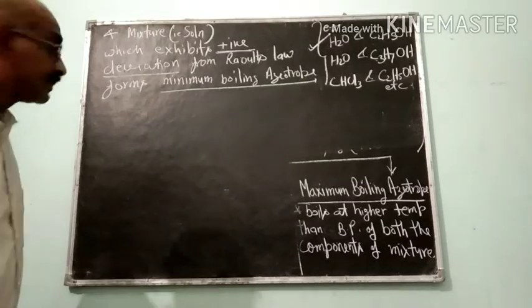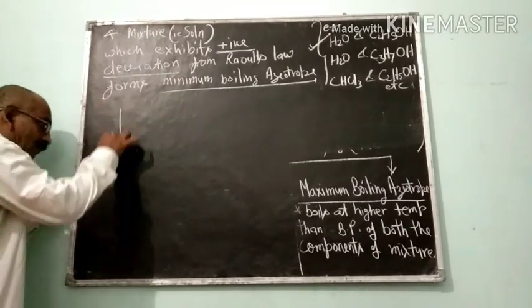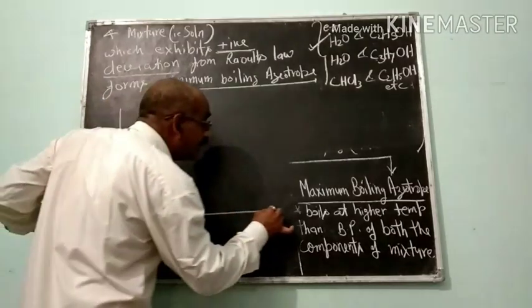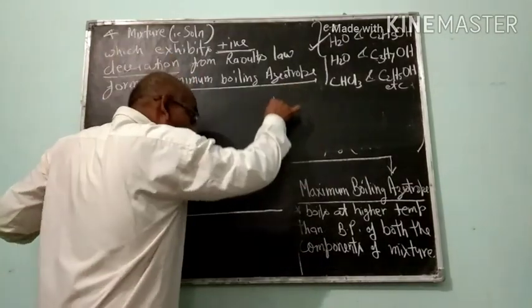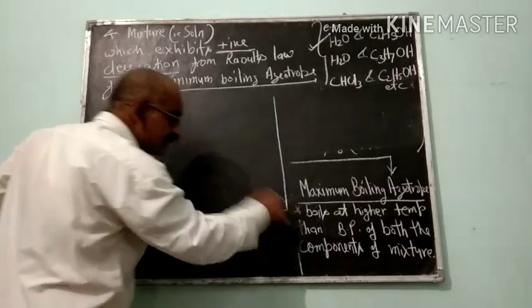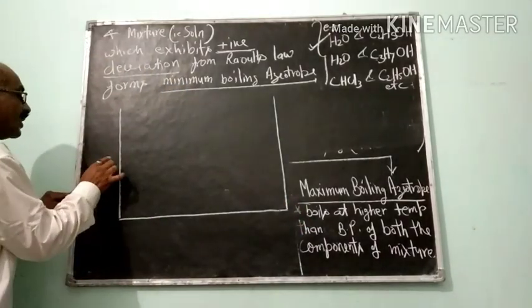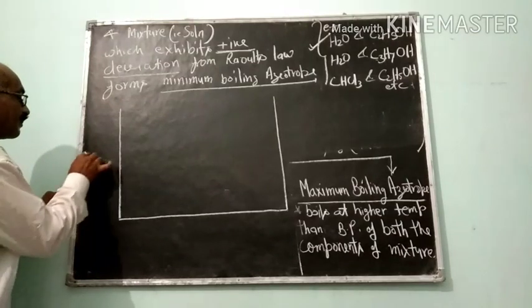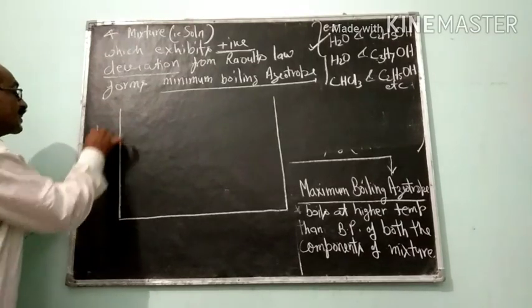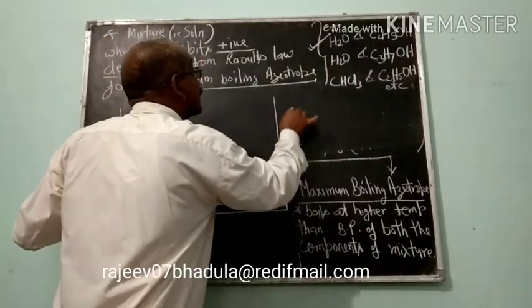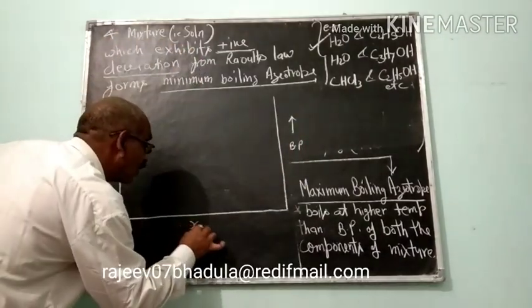See, for the purpose, we'll plot a graph between the boiling point and mole fraction. On one axis we are taking boiling point, while on the other axis we are taking mole fraction.